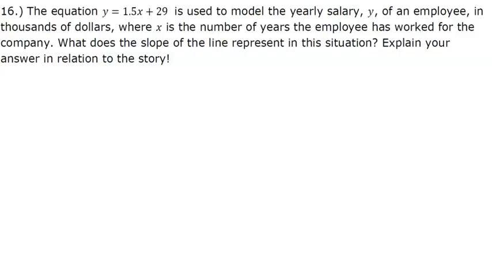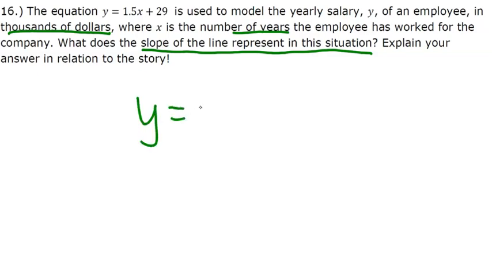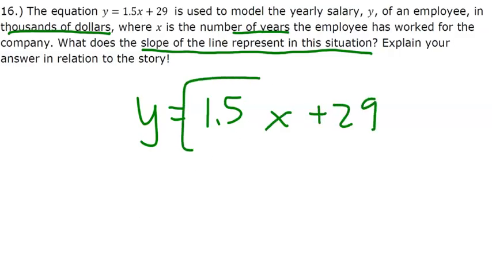Last question. The equation y equals 1.5x plus 29 is used to model the yearly salary of an employee in thousands of dollars, where x is the number of years the employee has worked for the company. What does the slope of the line represent in this situation? Well, this is the slope. And the slope represents the change in y over the change in x.